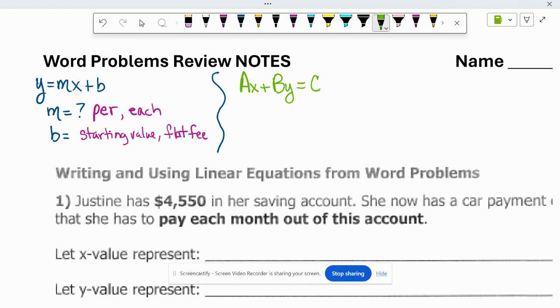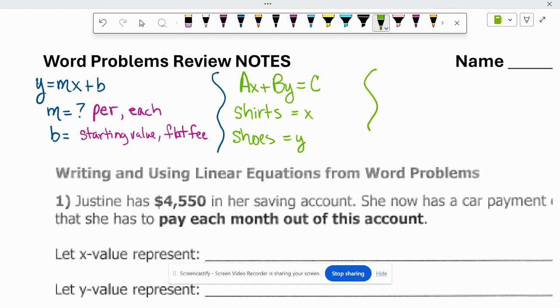Like maybe I tell you that I'm buying shirts and that equals one variable, and shoes, and that equals another variable. You're given two variable amounts. Okay, that's when we put it in standard form because we have two variables that we need to solve for.